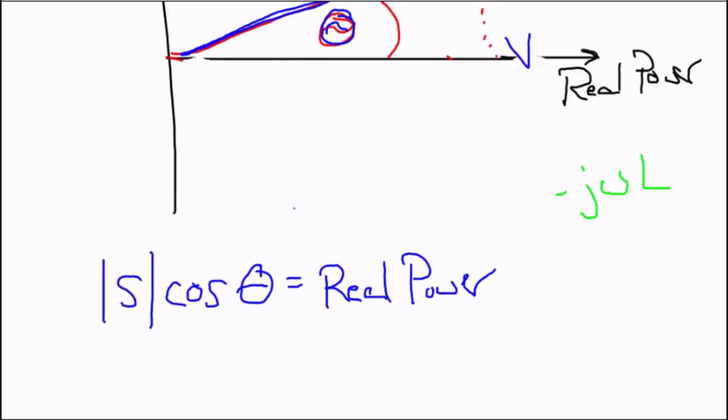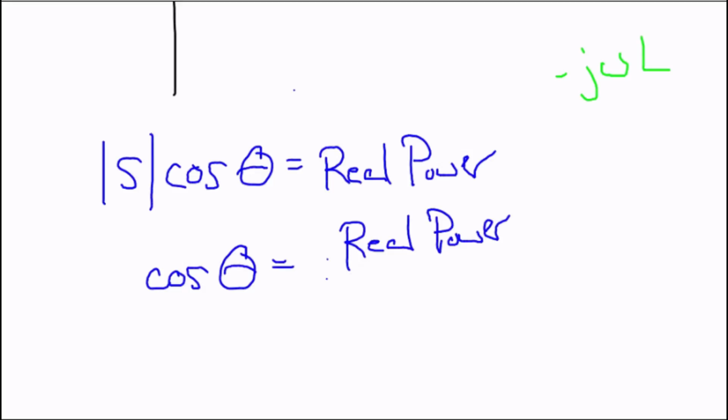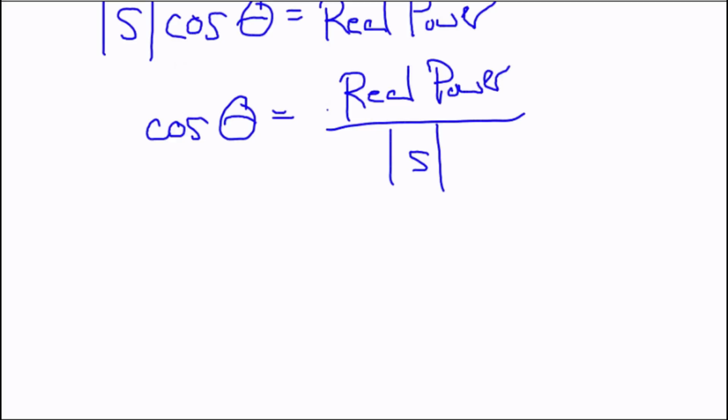So that means that cosine theta equals the real power divided by the apparent power. And usually we want it to be 1.